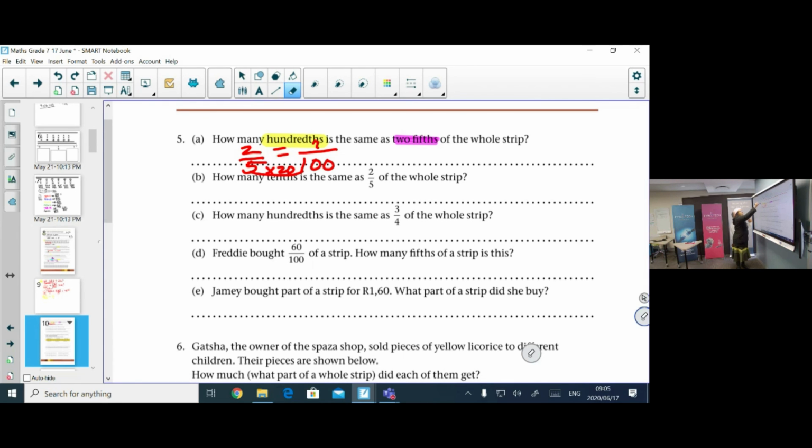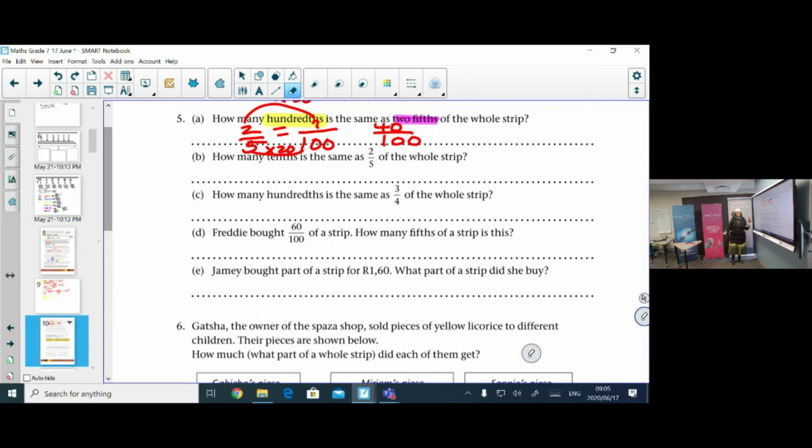So you must also multiply by 20 over here. And the answer is 20 times 2. It's 40/100. It's like a game now, whereby we see the relationship between the denominators and then we multiply our numerator on top.